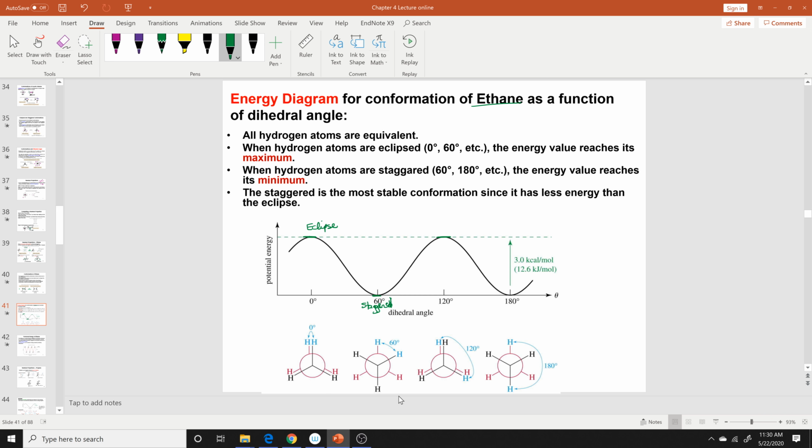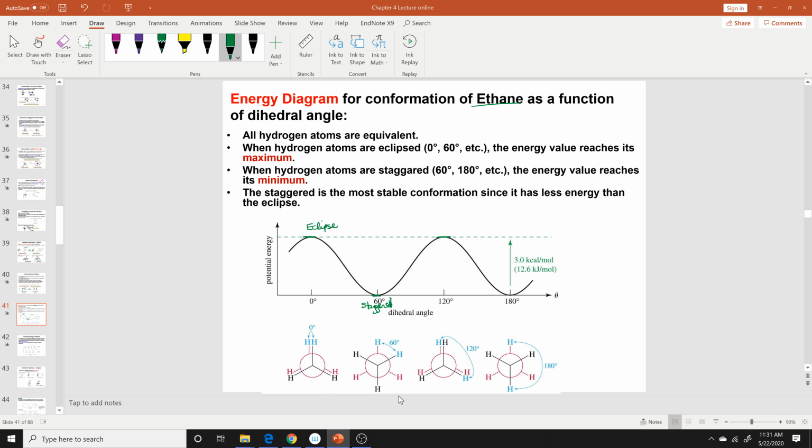When I ask you to plot the energy diagram of ethane or any other alkane, the energy diagram normally hosts all the Newman projections, all the conformations between the carbon single bond carbon. So what you need to do is basically choose a dihedral angle. Here I'm locating my dihedral angle between these two hydrogens.